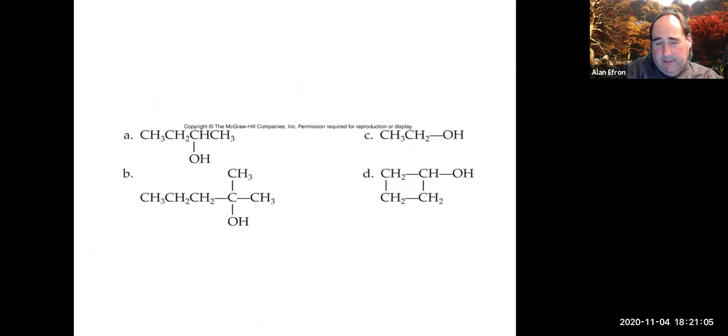All right, so just looking at this one here, let's talk about name and classification. Again, we have 1, 2, 3, 4 carbons with the OH group at the second one. So this is going to be our 2-butanol. Also going to be a secondary alcohol.